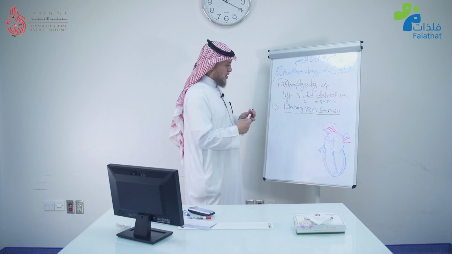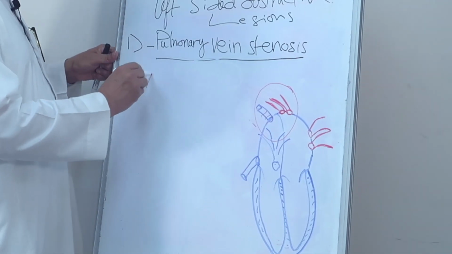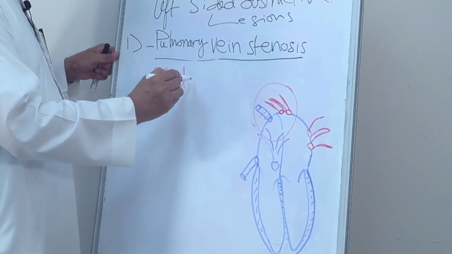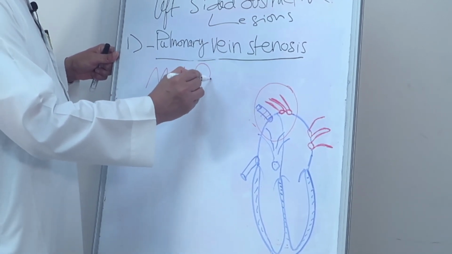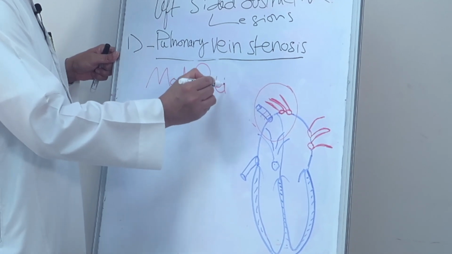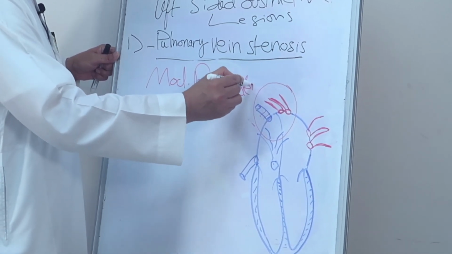And what do we call moderate pulmonary vein stenosis? How do we grade it?